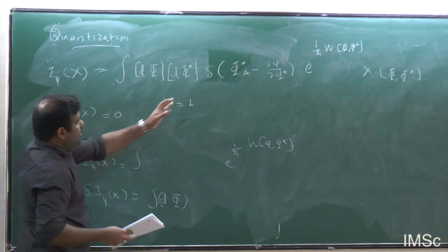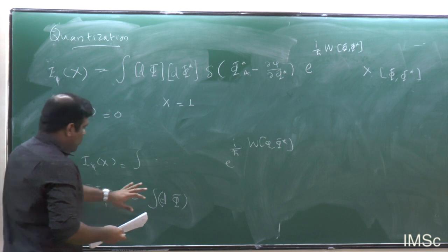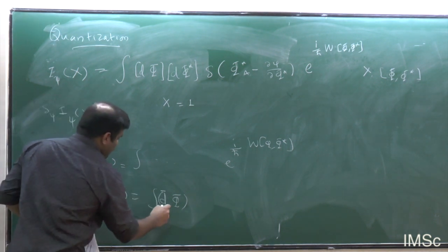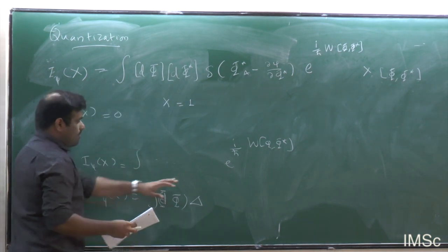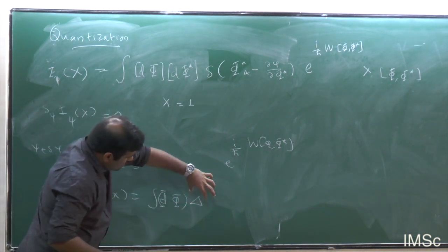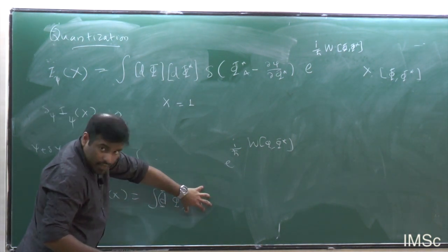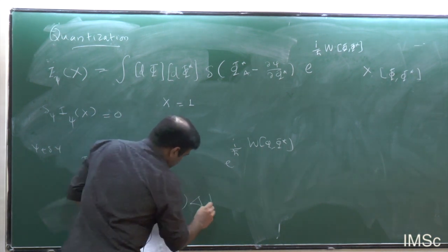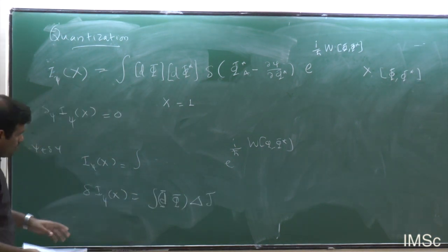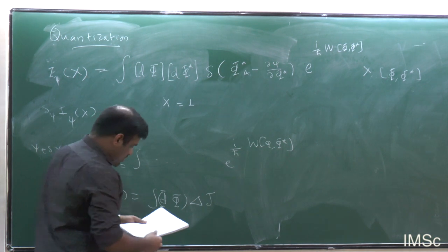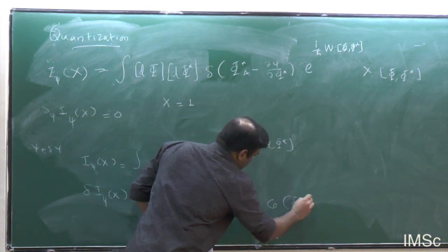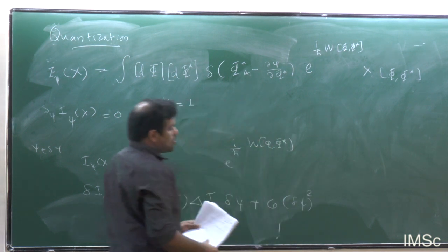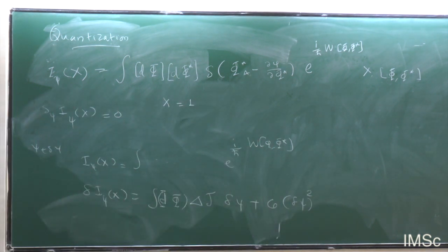So after I integrate through this delta function, I only have an integration through the fields. Then I have an insertion, I introduce an operator delta. I will define what exactly that means. And then some object J times delta psi plus terms that are proportional to the square of the deformation.